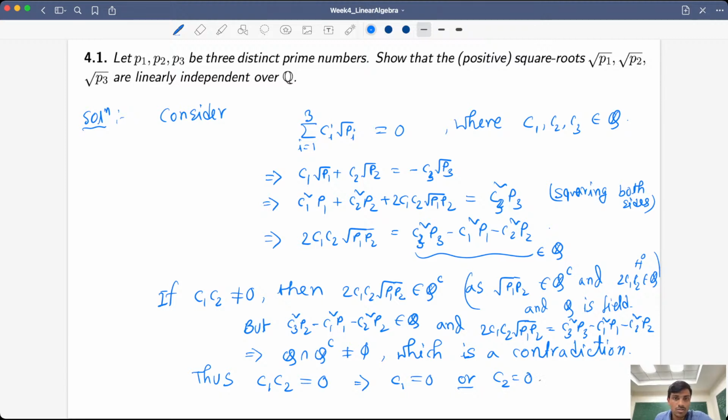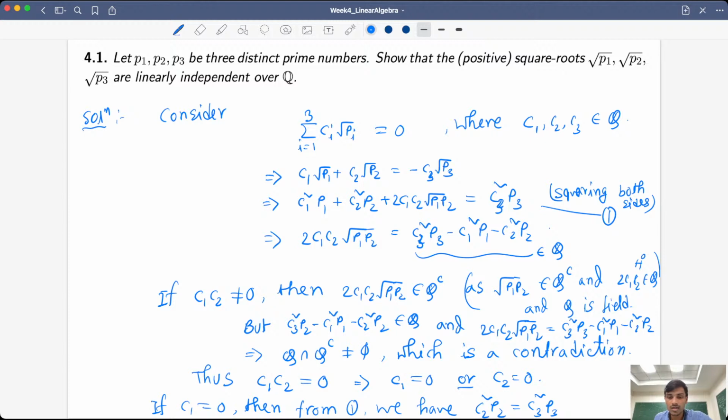Okay, but if c1 equal to 0, then if I put it in the square relation, we have c2 square p2 equal to c3 square p3.